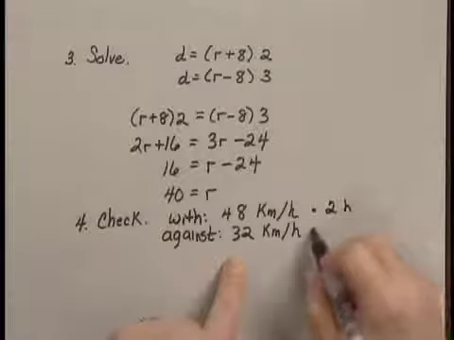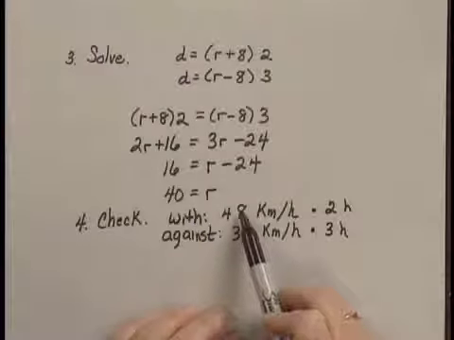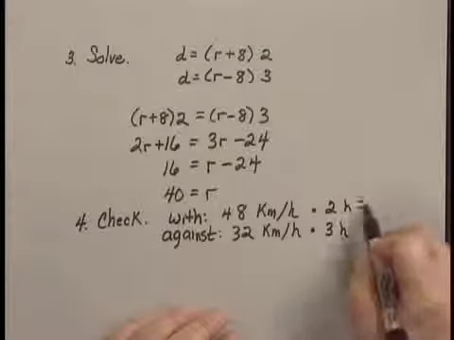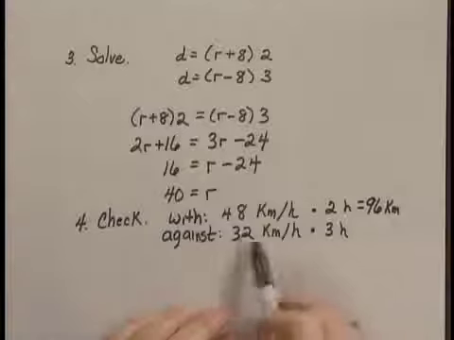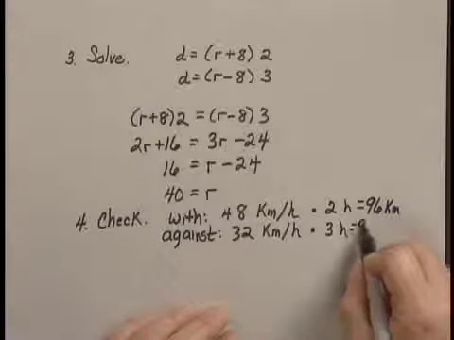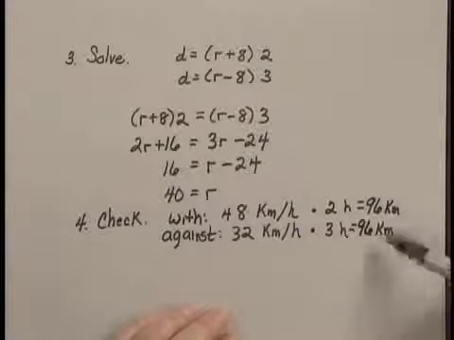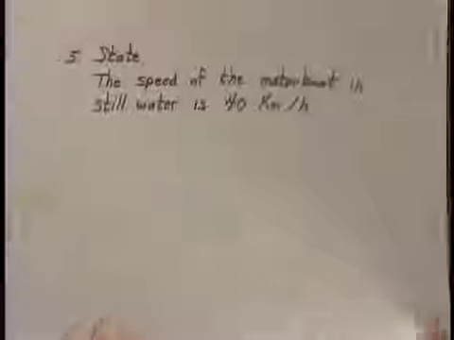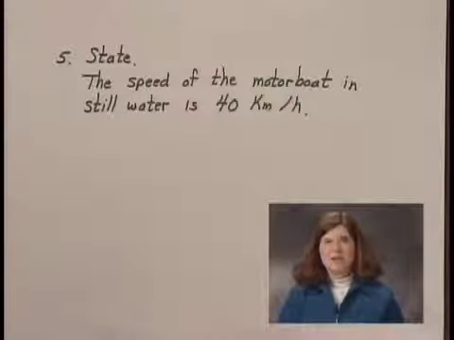The time against the current was 3 hours. Now, speed times time gives us the distance 96 kilometers with the current, and speed times time gives us the distance 96 kilometers against the current, so we have a check because the distances are the same. So we can state that the speed of the motorboat in still water is 40 kilometers per hour.